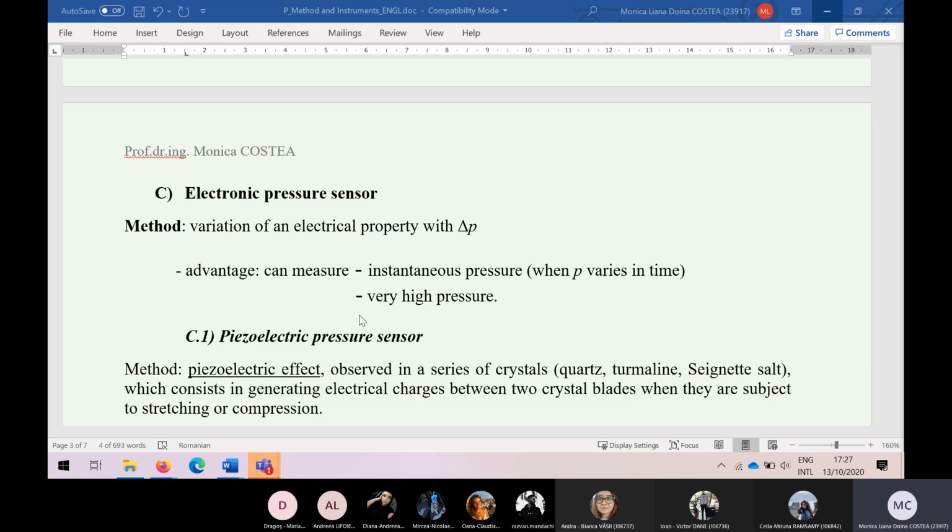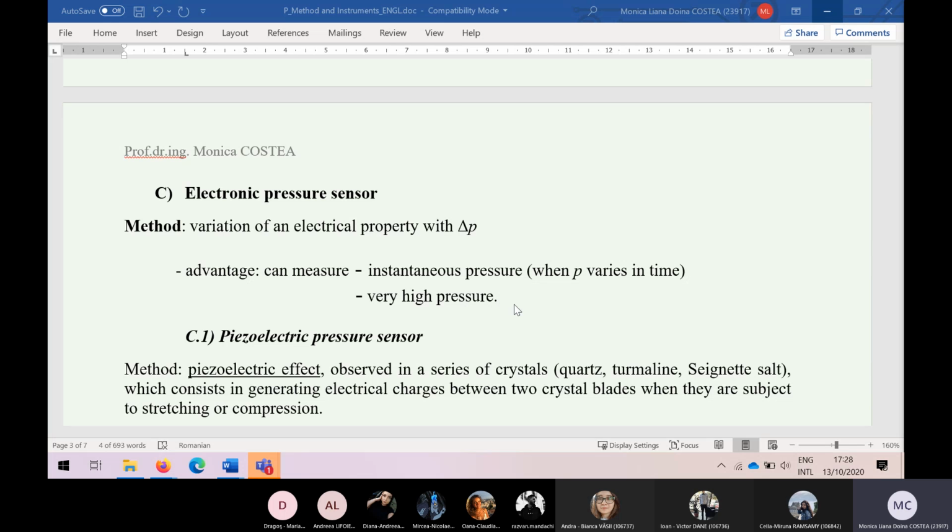It's the only class that can measure instantaneous pressure, which means pressure that varies in time; they can emphasize the variation at any moment. And also very high pressures.